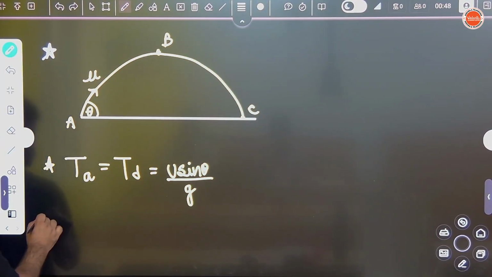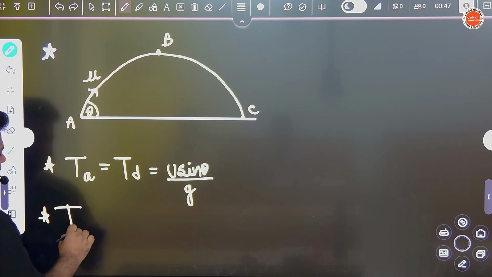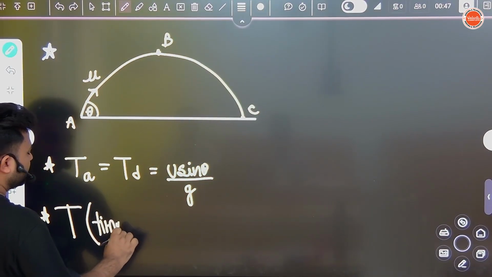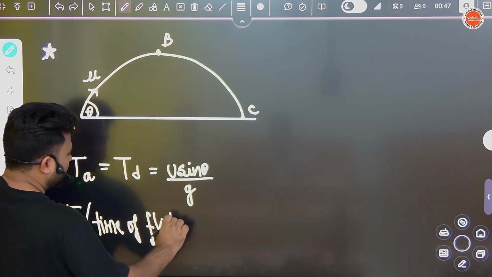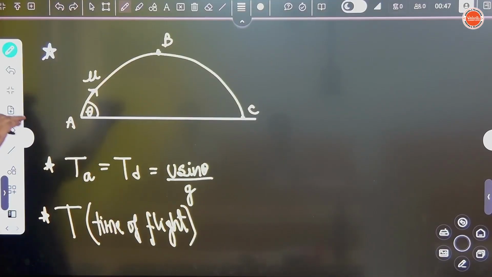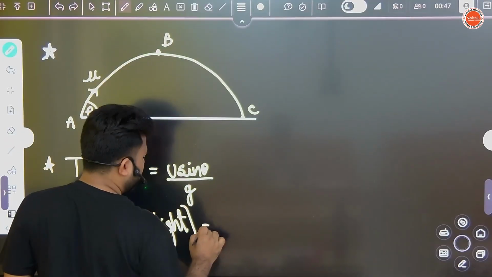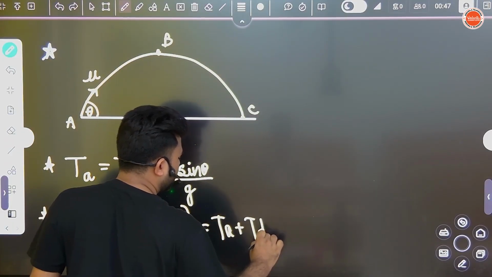Correct? Next, time of flight, capital T. Time of flight means how much time the ball was in the air. So time to go up plus time to go down, which means time of ascent plus time of descent.